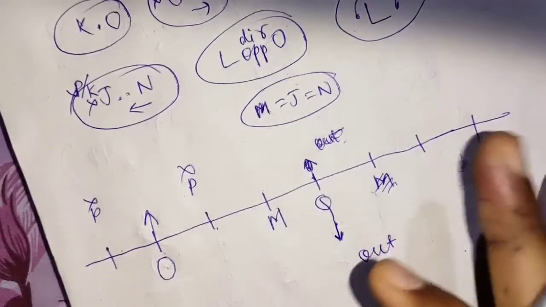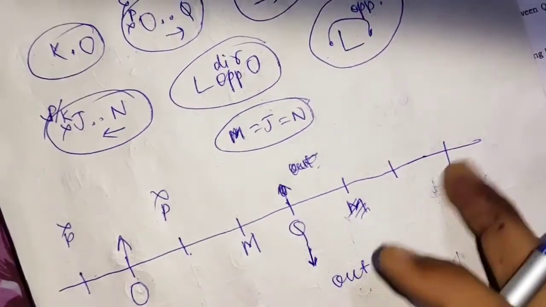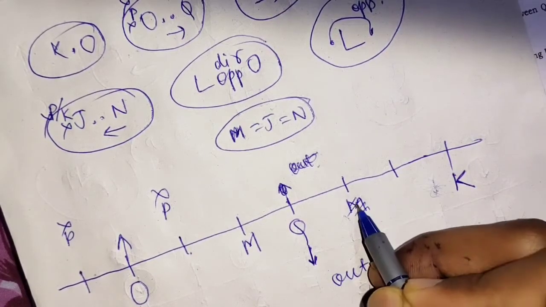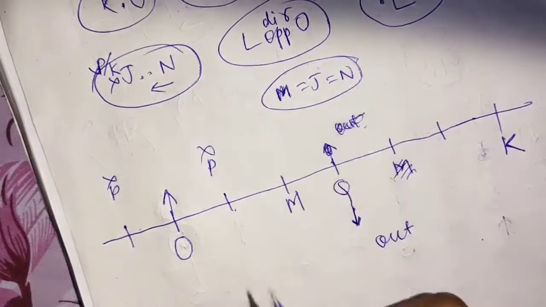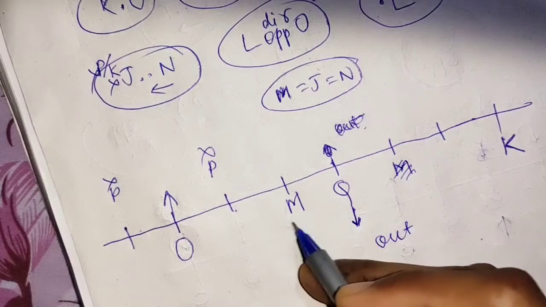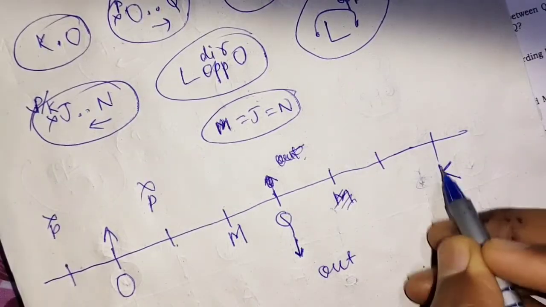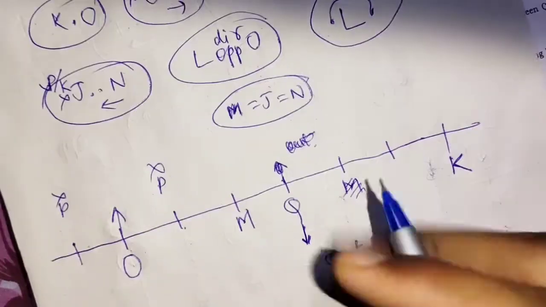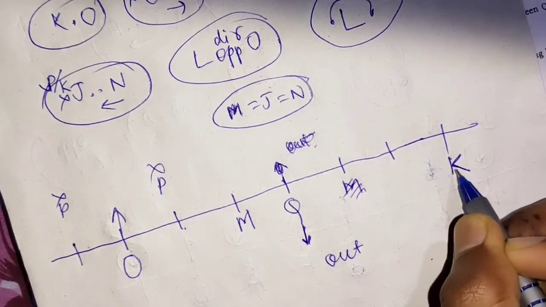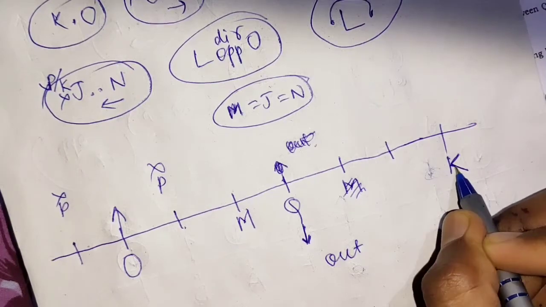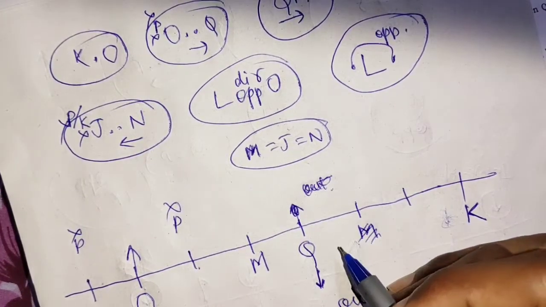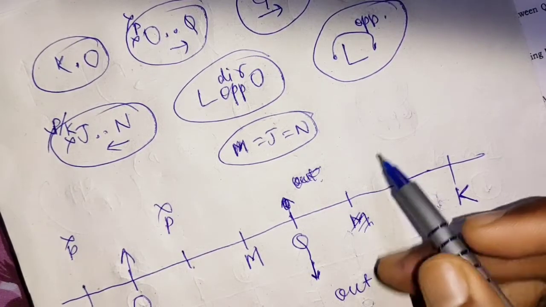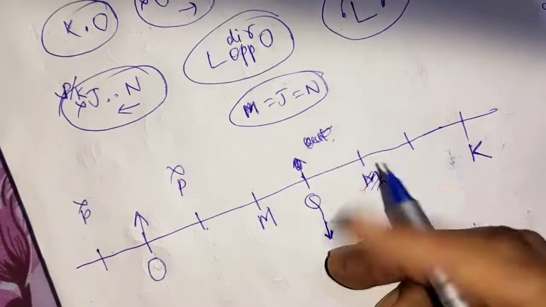In this case we have only one possibility of placing K, but in the earlier case when we had placed M there, we had two possibilities. K would have been placed here, or K would have been placed here. But in this case we have reduced the possibility. This is not a hard and fast rule, but we should try to solve first with that point in which possibility is reduced.